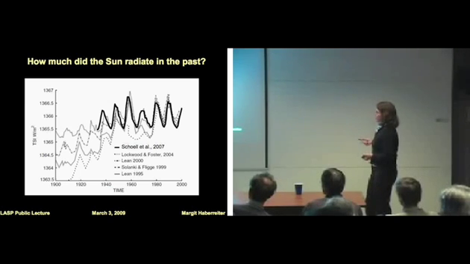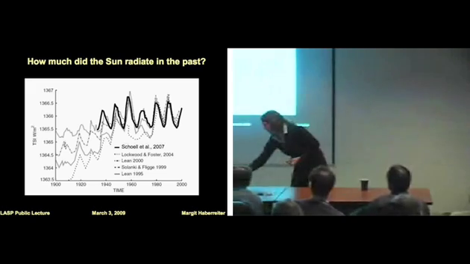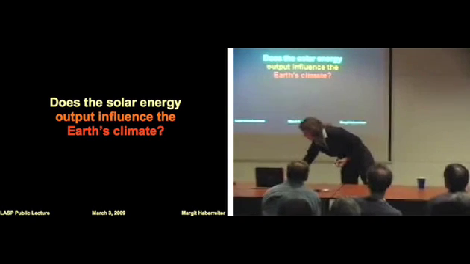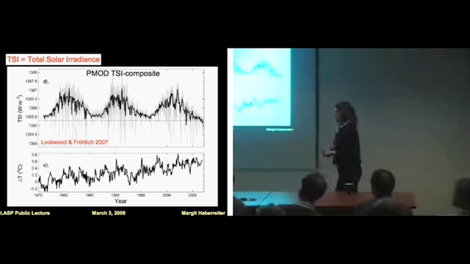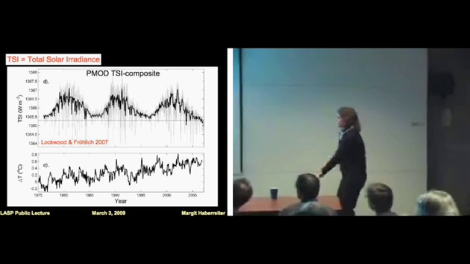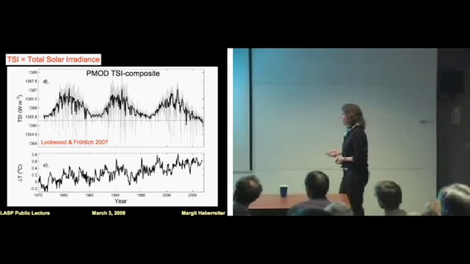And as you can see, the scatter of the reconstruction methods, they give really different results. So this is a problem. Nevertheless, let's see whether the total solar energy output of the sun has an influence on climate.